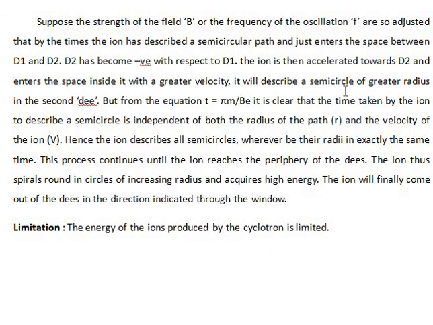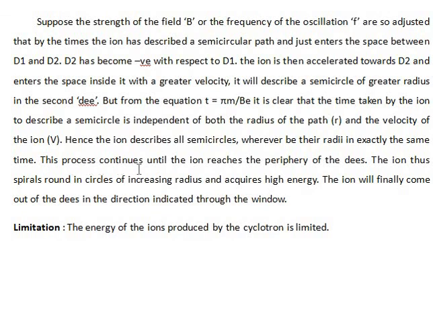It will describe a semicircle of greater radius in the second D. But from the equation T is equal to pi m divided by Be, it is clear that the time taken by the ion to describe the semicircle is independent of both the radius of the path r and the velocity of the ion v. Hence, the ion describes all semicircles, whatever their radii, in exactly the same time.